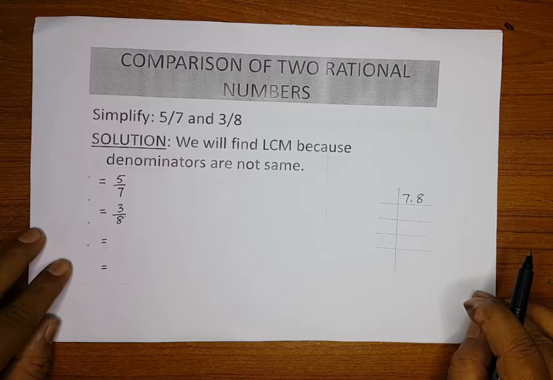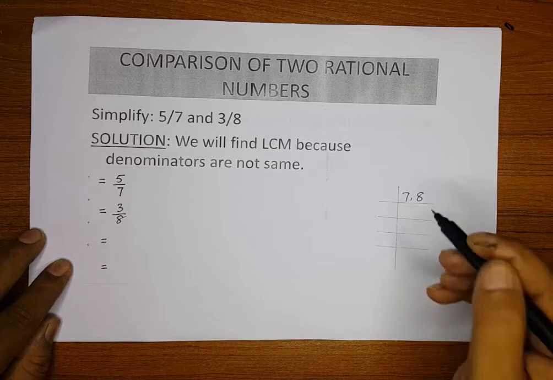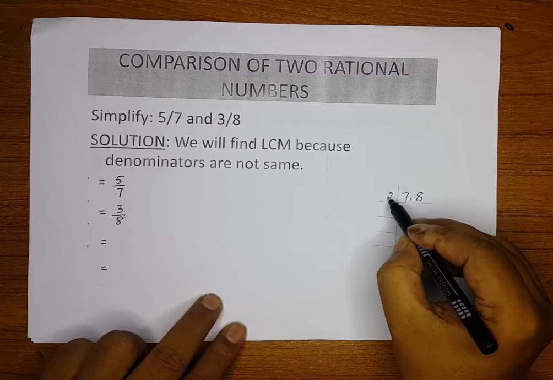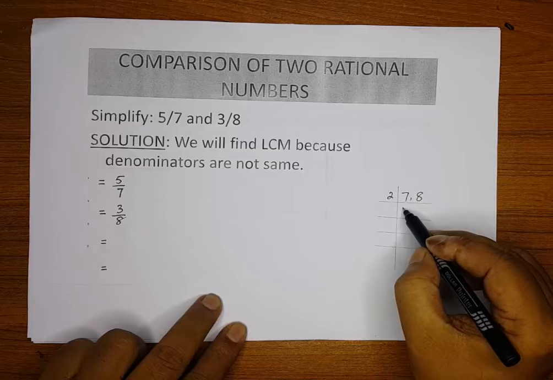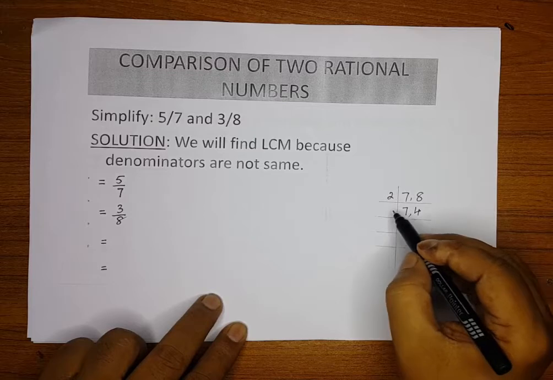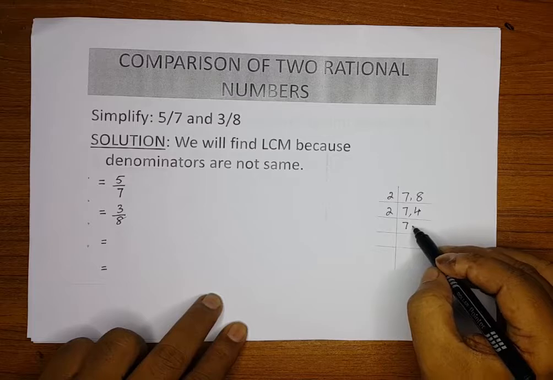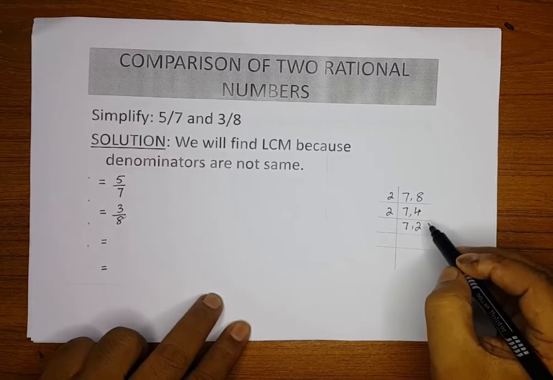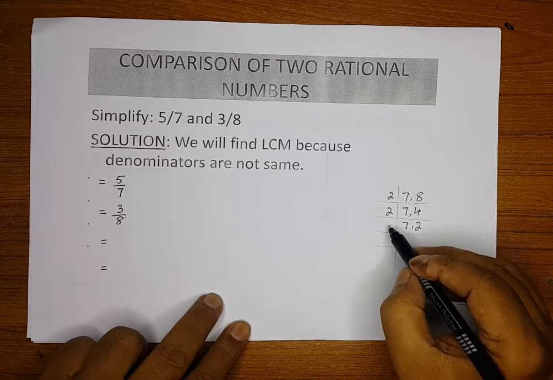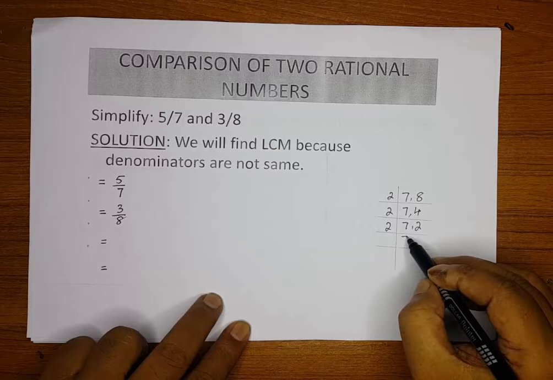We will find the factors and LCM by prime numbers. You know prime numbers have only 2 factors, and the smallest prime number is 2. So start from 2. 7 is not divisible by 2, so copy down 7. Then 2 fours are 8. Again by 2: 7 is not divisible by 2, so copy down 7. Then 2 twos are 4. Again by 2: 7 is not divisible by 2, so copy down 7.